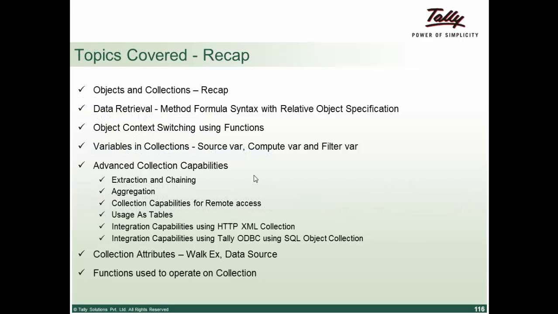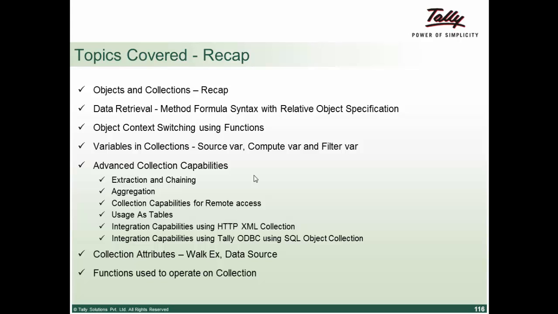And that's all we have for advanced capabilities of collection. This is all what we have covered. We had a quick recap of the objects in collections, the basic ones. We did data retrieval method formula syntax with relative object specifications.